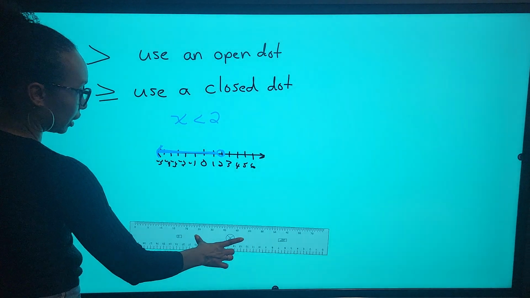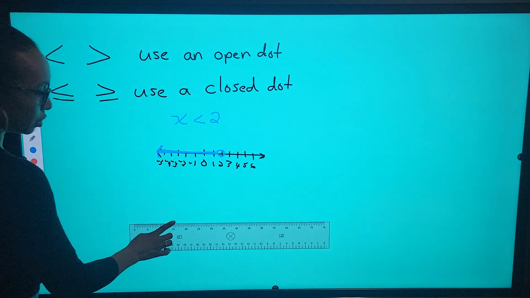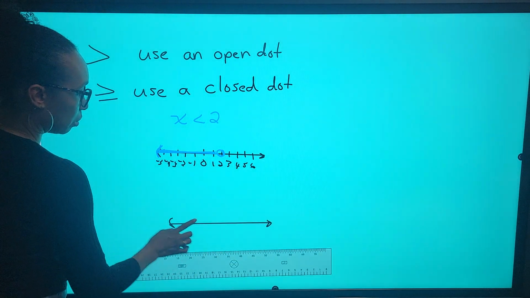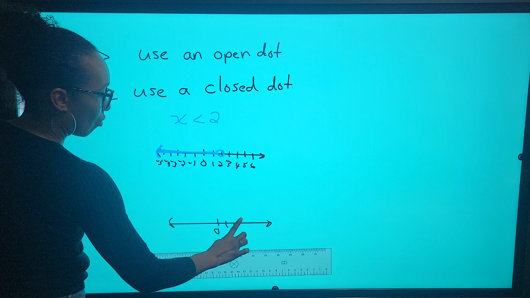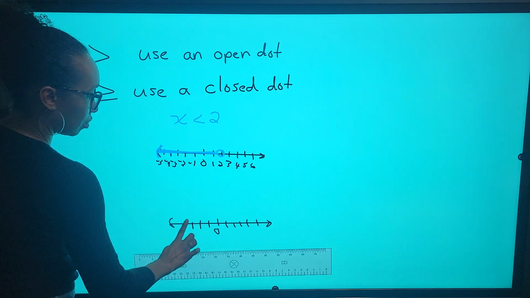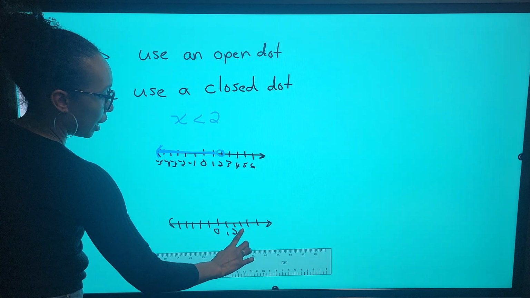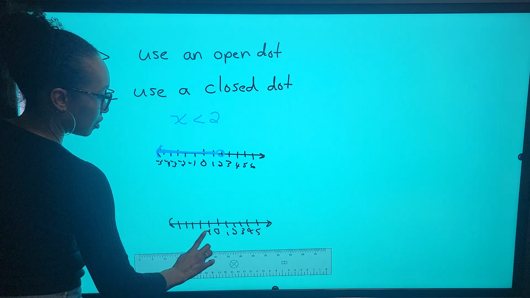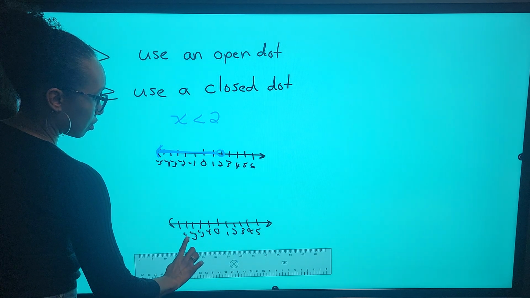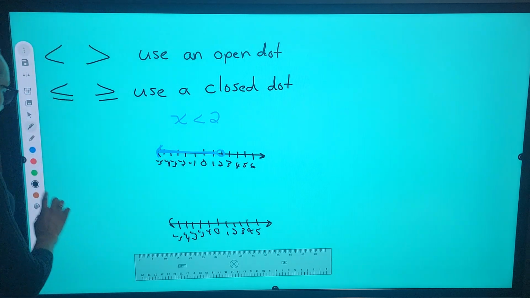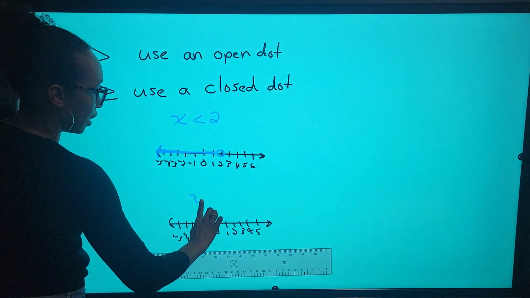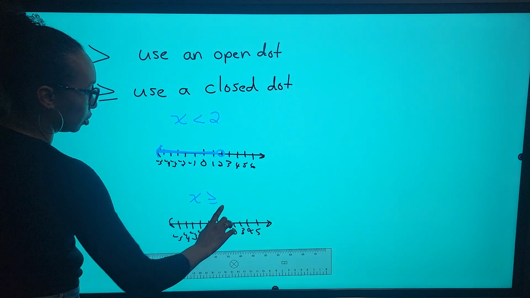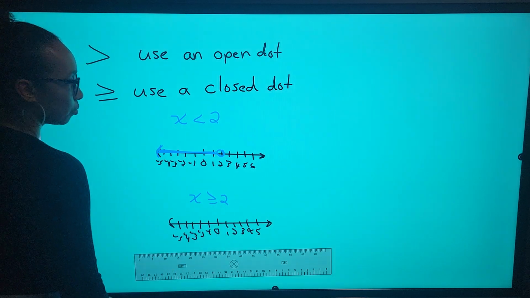Well, let's see what it would look like if we needed to use a closed dot. So, a similar number line, with some positive numbers on the right and negative numbers on the left. And this time, let's say we have x is greater than or equal to 2.